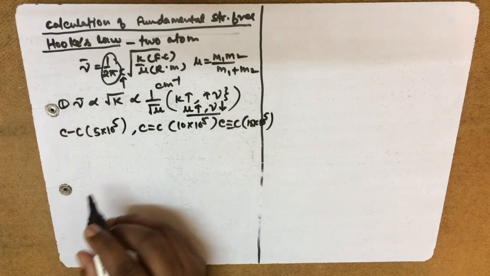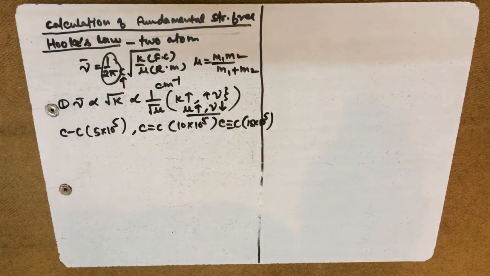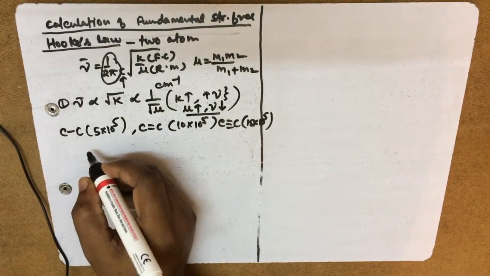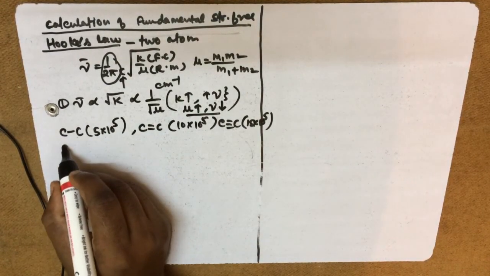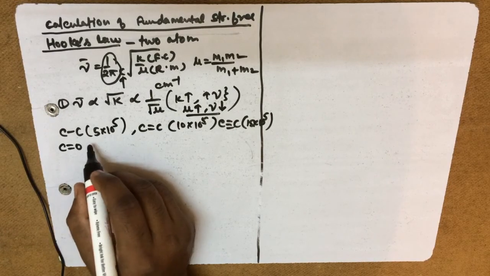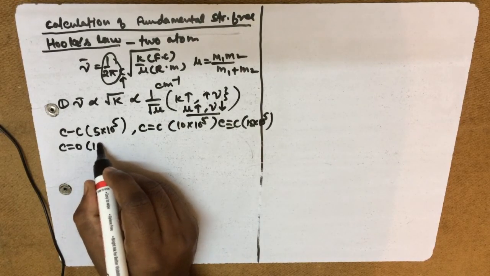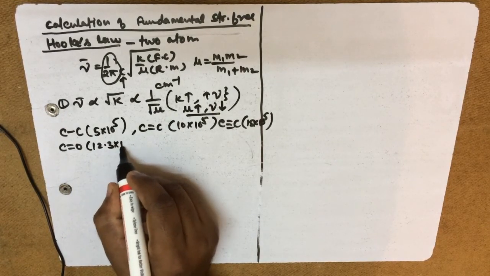Similarly for CO, the force constant is about 1 into 10 to the power 5.